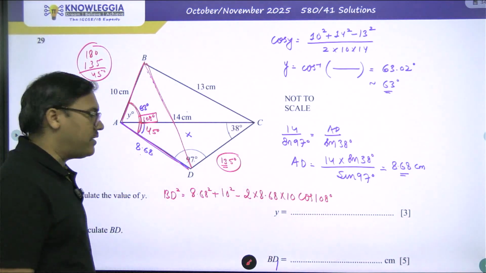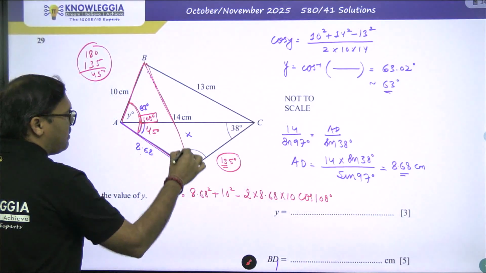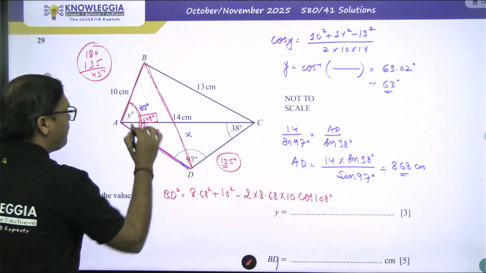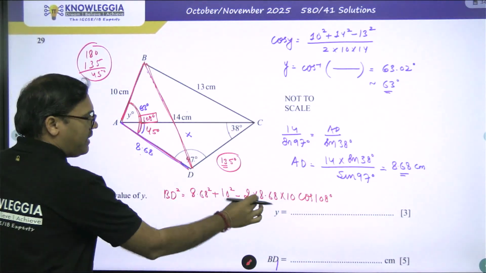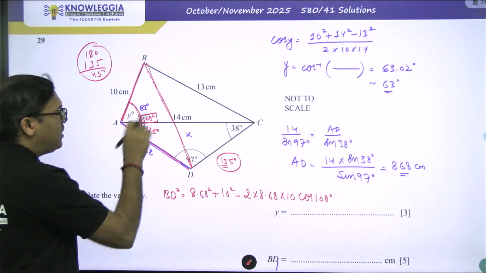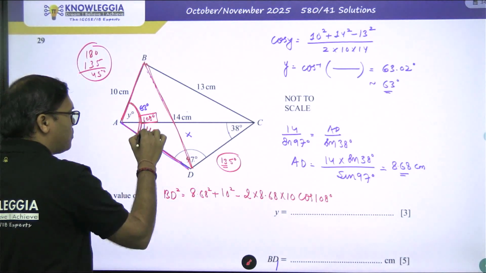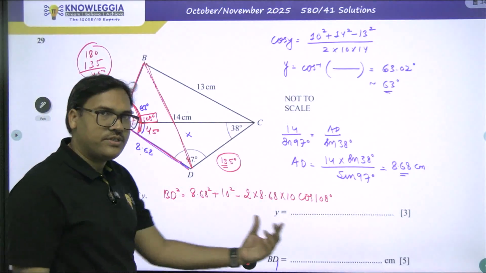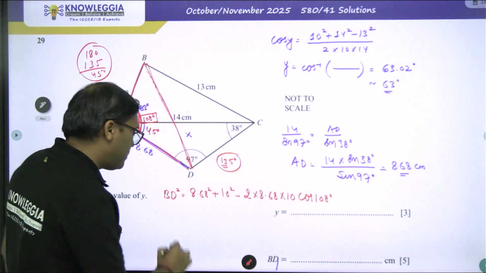So again applying the cosine rule, BD square is equal to this square plus this square minus 2 into the side product into cos of 108 degree, that is this total angle. Now if you just find this and take the square root of this, you will find the value of BD.